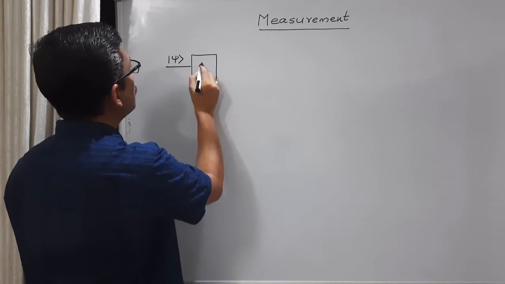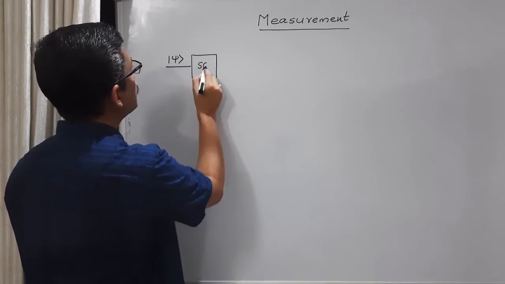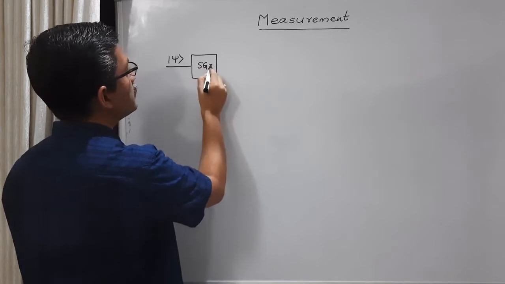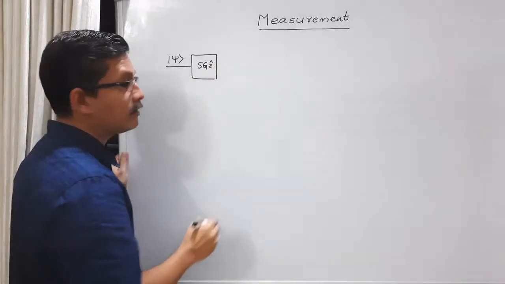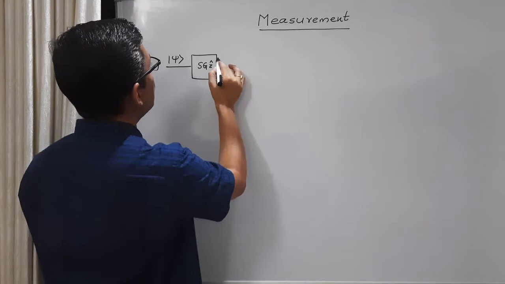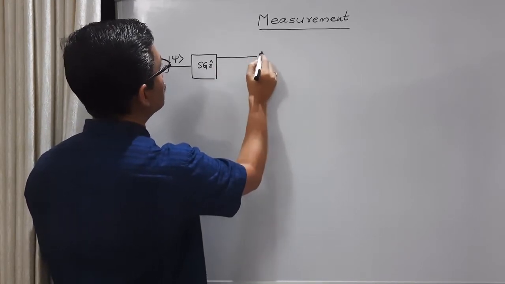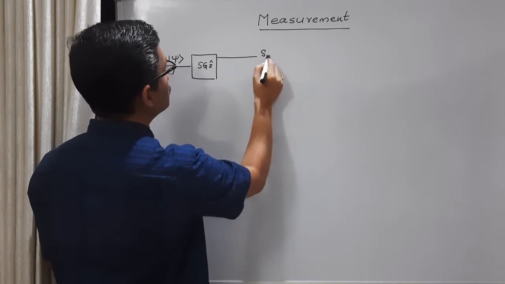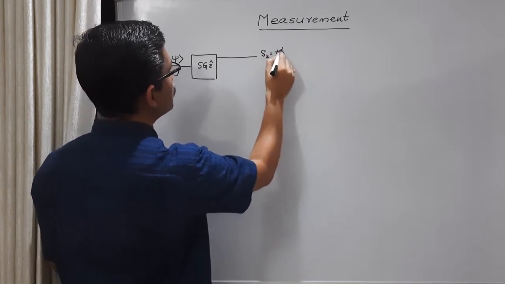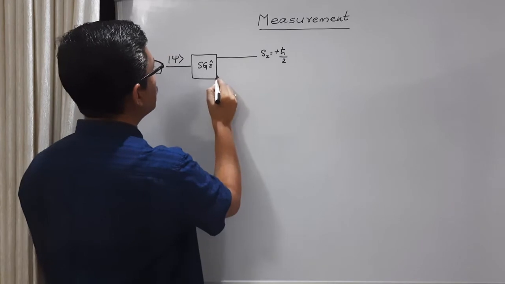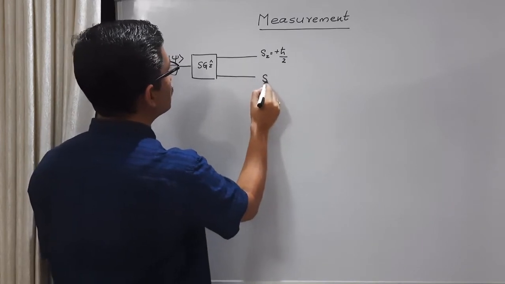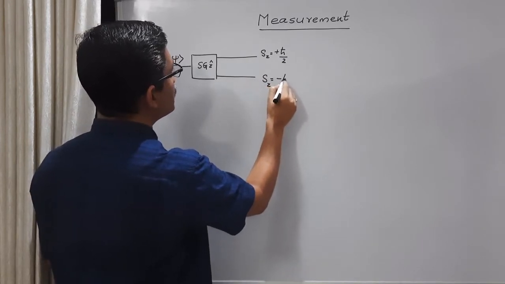Then we use a Stern-Gerlach apparatus that measures spin in the z direction. And what we see is that nearly 50% of the particles have spin component plus h cross by 2, and the other 50% have spin component minus h cross by 2.